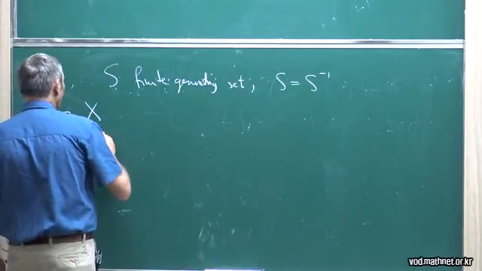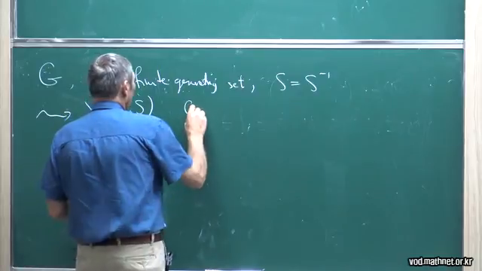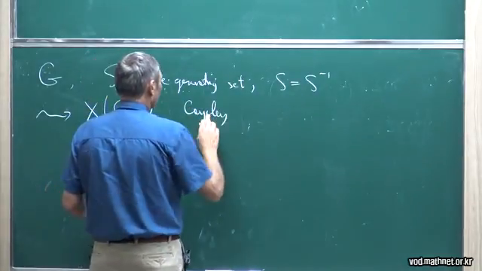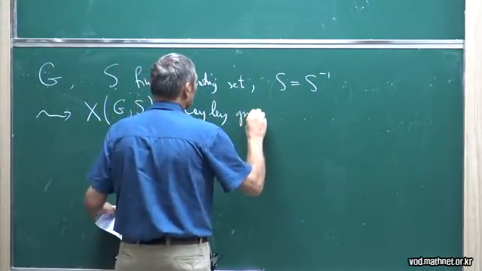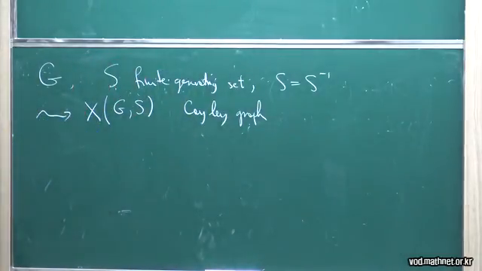Okay, so let's call it X. This is really X of G,S, and this is the Cayley graph. And how is it defined? Well, the vertices are the elements of the group.